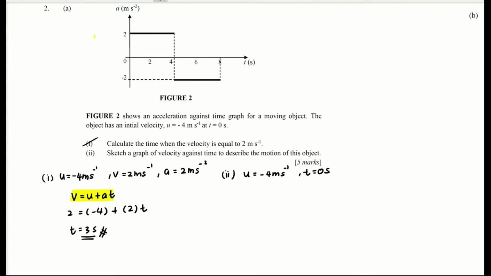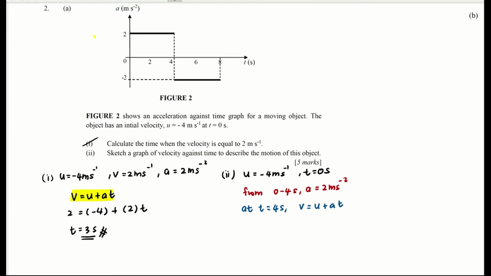And then you can see here that from 0 to 4 second, the acceleration is constant, where a is equal to 2 meter per second squared. And then now we can calculate what is the velocity at 4 second. So at t is equal to 4 second, we can calculate v, where it is equal to u plus at.